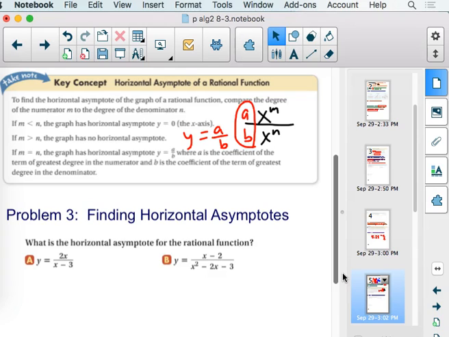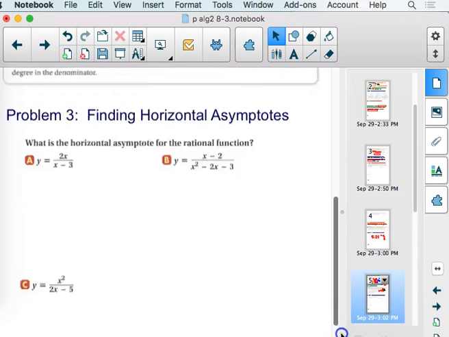If the degree of the top equals the degree of the bottom, then we do this little fraction business right here. And if the degree of the top is greater than the degree of the bottom, we don't get one. Now, I didn't put everything on this list that we talked about, and that's because removable versus non-removable, we just need to know, does it cancel out? Is it a hole because it cancels, or is it a vertical asymptote because it doesn't?